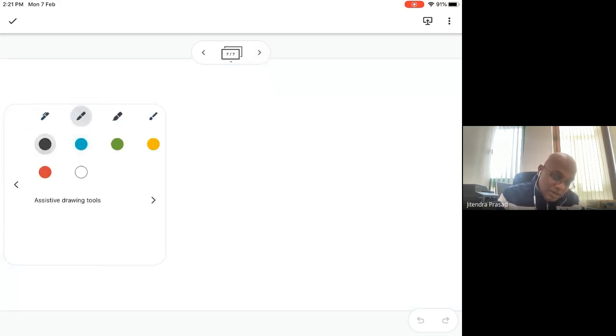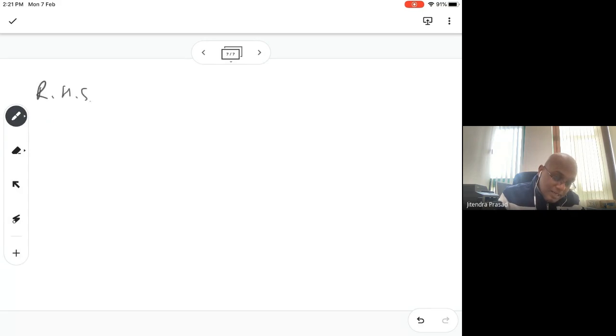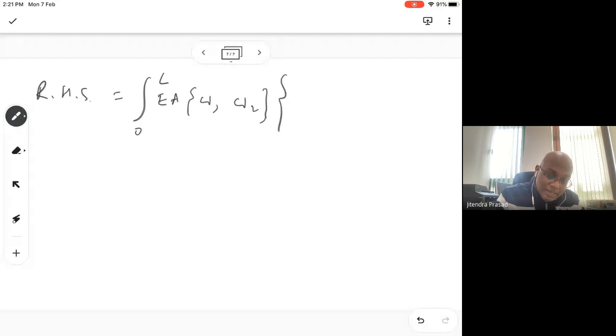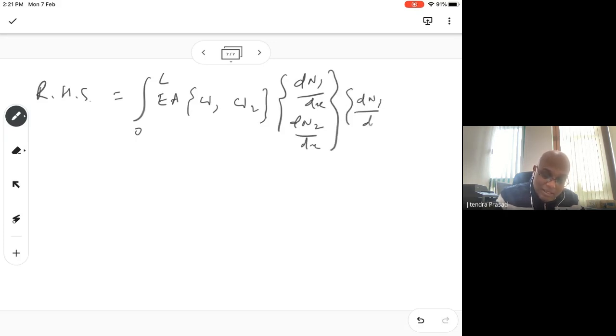We have the right-hand side equal to the integral from 0 to L of EA, then we will have w1, w2, and then dn1/dx, dn2/dx, and then dn1/dx, dn2/dx, multiplied by u1, u2, dx.